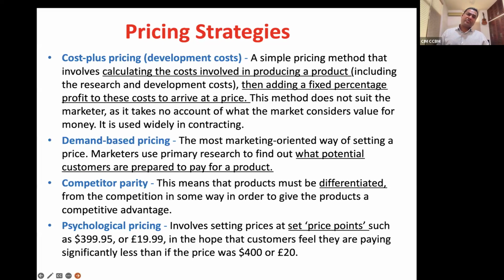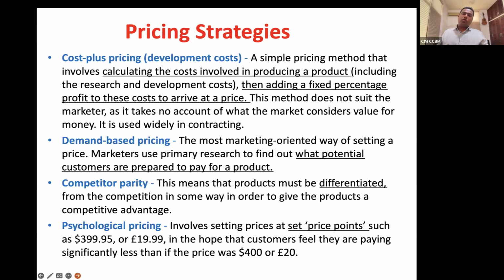Then the cost plus pricing strategy. Cost plus pricing is a method that involves calculating the total cost of the product in manufacturing it. Let's say you spend 100 rupees manufacturing a product.